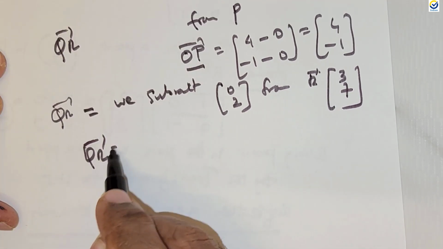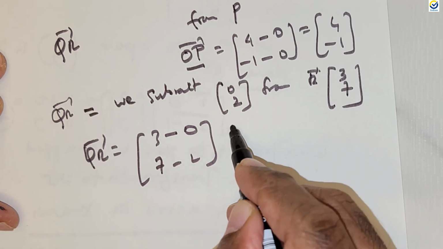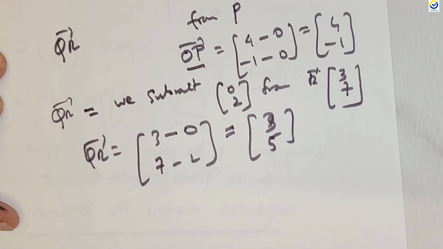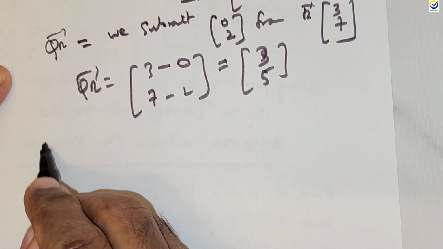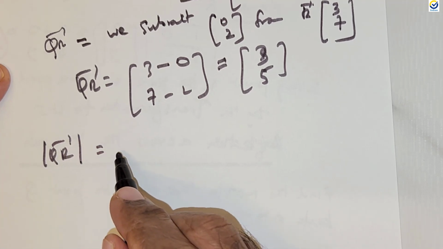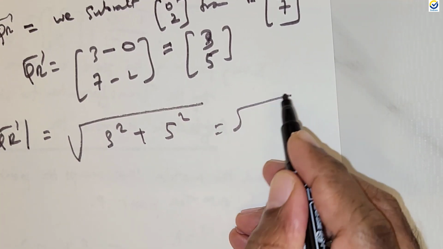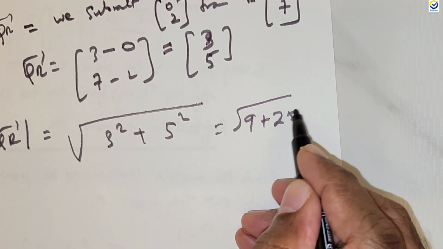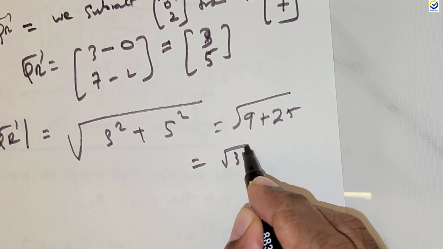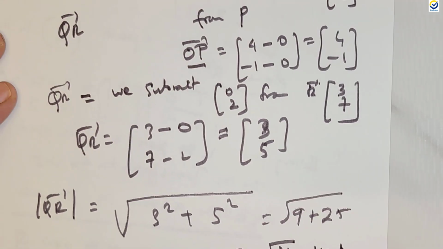So the QR vector is going to be (3 minus 0, 7 minus 2), which is (3, 5). Now for the next question they are asking us to find the magnitude of the QR vector. In this case it's going to be 3 squared plus 5 squared, which is 9 plus 25, giving us a value of root 34 units. That's the solution for this question.